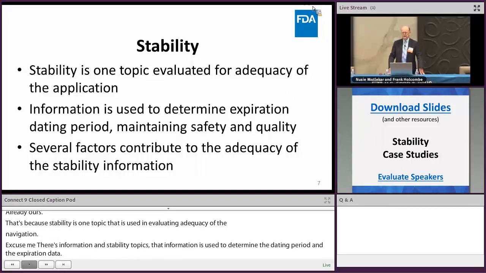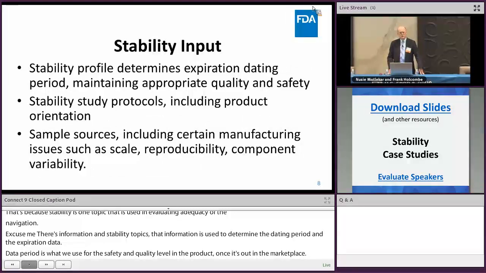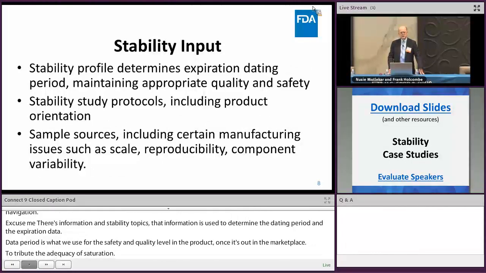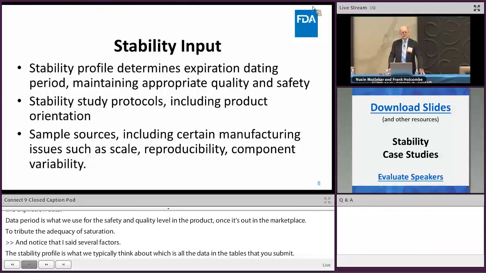There are several factors that contribute to the adequacy of the stability information. You notice that I said several, and I used factors. The stability profile, which is what we typically think about, which is all the data and the tables that you submit, that's all the tests that you do on the samples that you take for your stability programs, is not all that we need in order to determine whether the stability program itself is adequate.